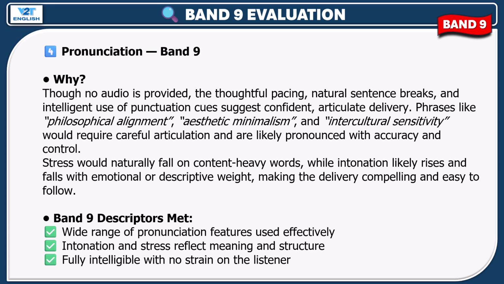Phrases like "philosophical alignment," "aesthetic minimalism," and "intercultural sensitivity" would require careful articulation and are likely pronounced with accuracy and control. Stress would naturally fall on content-heavy words, while intonation likely rises and falls with emotional or descriptive weight, making the delivery compelling and easy to follow.